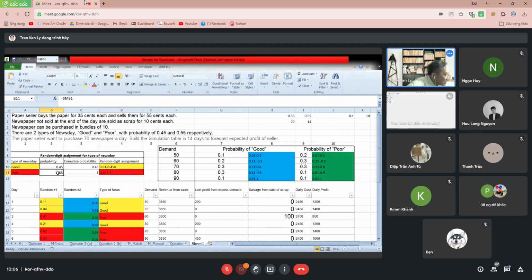It will fall in the poor. And by all, the poor or the good, with additional random number, we will know the demand. Do you follow? Yes, sir. Okay, now it's clear or not? Yes, clear.